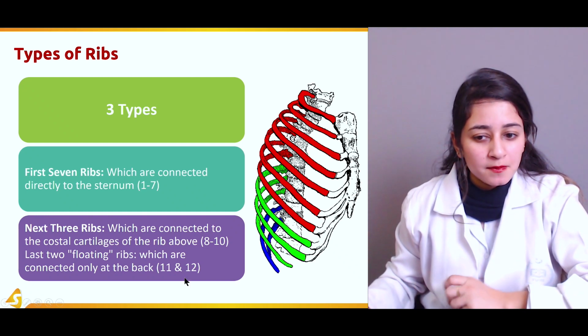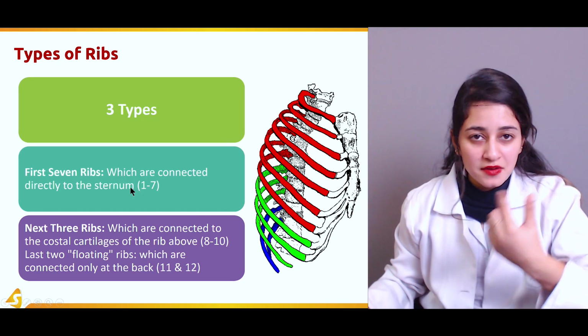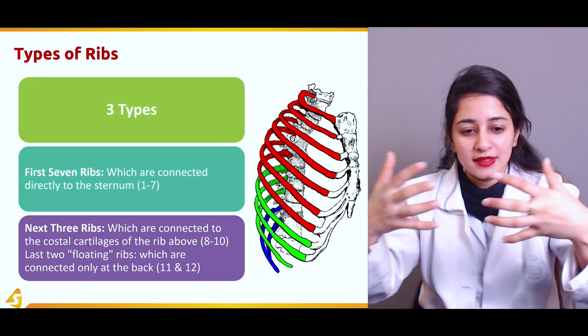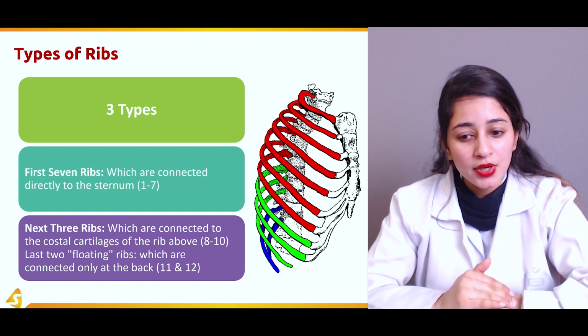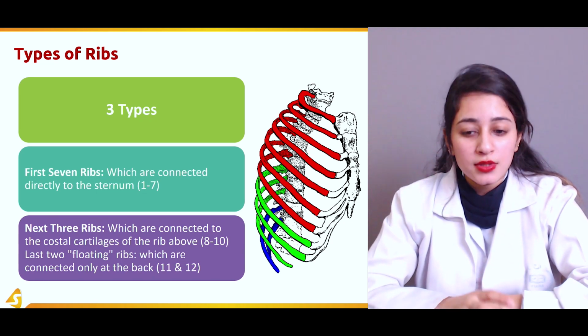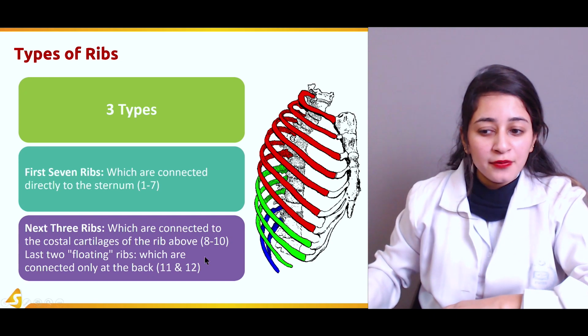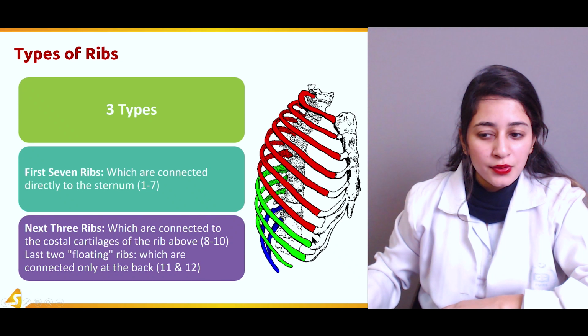The first 7 ribs are connected directly to the sternum. So the first 7 ribs are directly connected to our sternum, forming this cage. The next 3 ribs are connected to the costal cartilage of the rib above, so they just get fused. Just see, 1, 2, 3 in number.